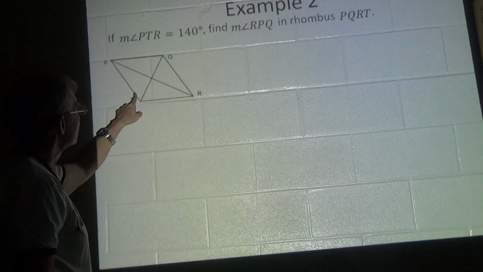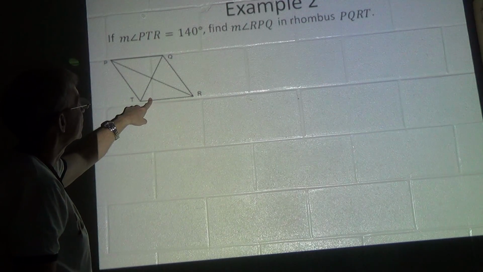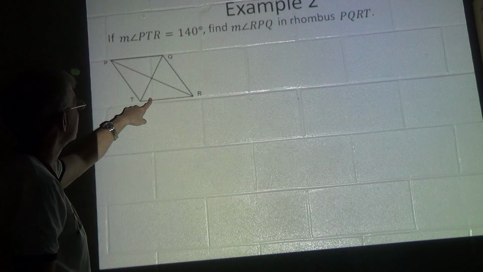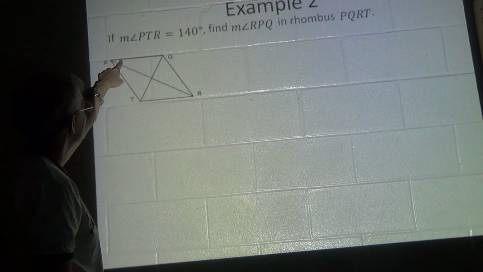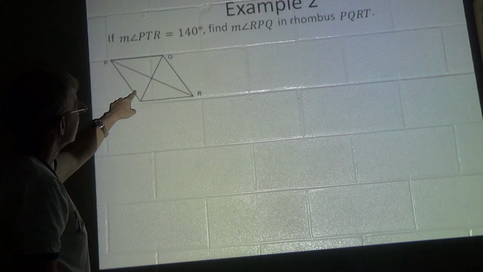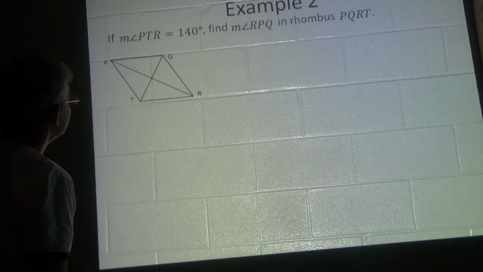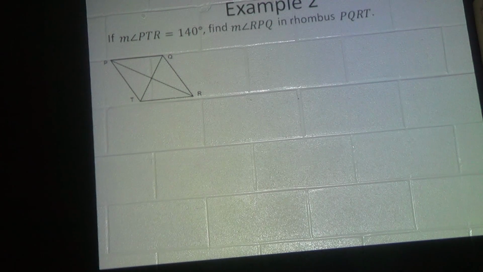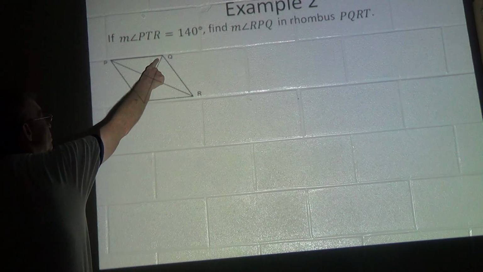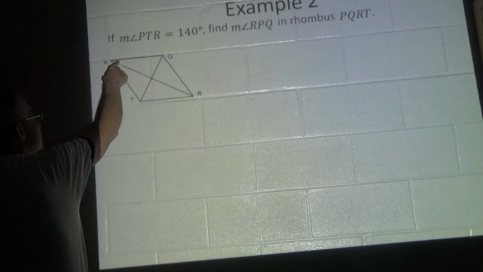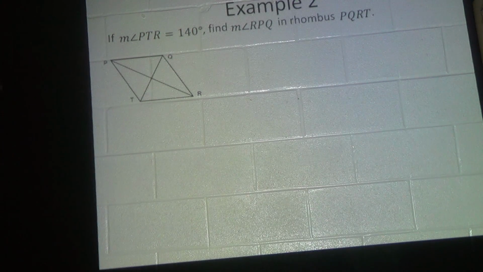So this big angle is equal to 140 degrees, and they want us to find the measure of angle RPQ, this little angle right here. This big angle up here is 140 degrees, so we know 70 is here, we know 90 is here, so we can work back to get it by using the three angles of a triangle adding up to 180.